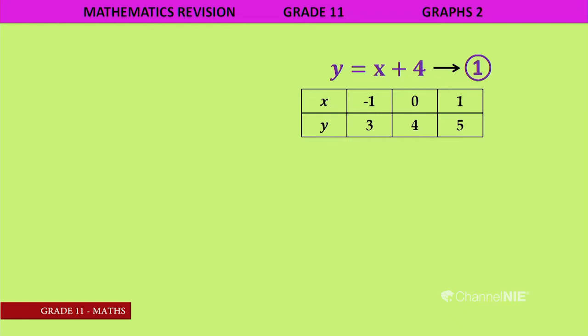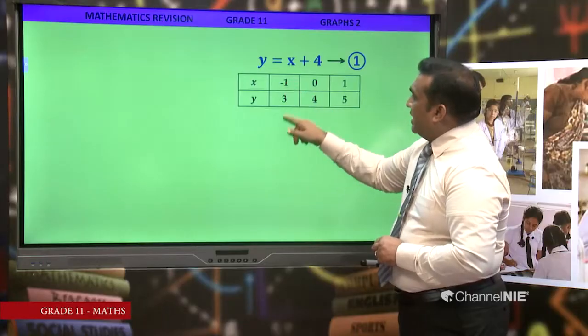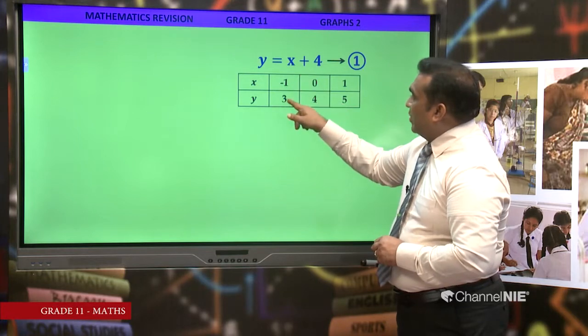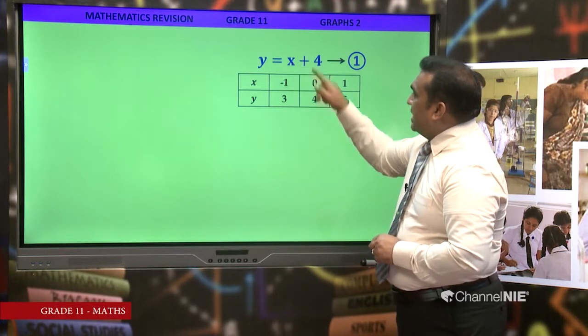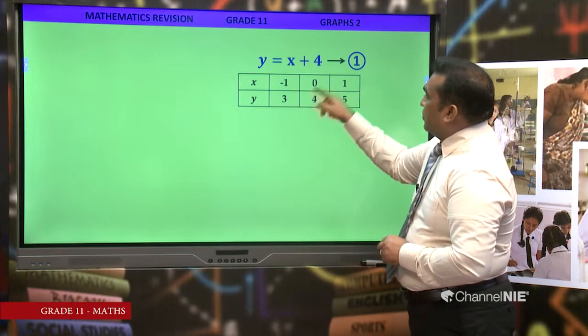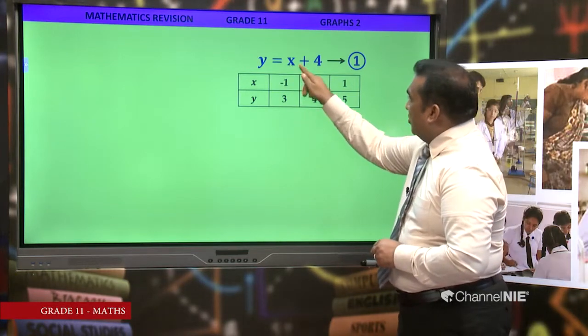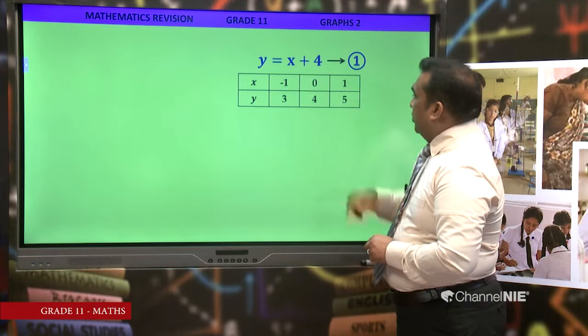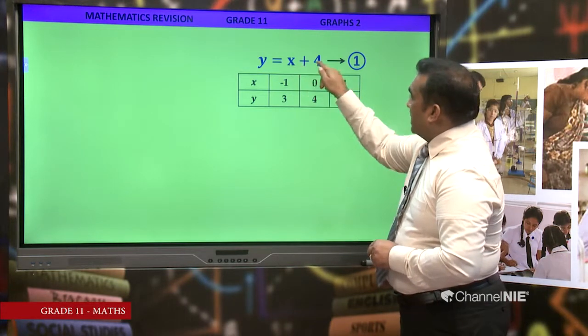For x plus 4, here x equals minus 1, x equals 0, x equals 1. If you want, you can change these values to minus 2, 0, plus 2. According to this minus 1, what is the y coordinate? Substitute here minus 1 plus 4, that is 3. Put 0 here, 0 plus 4, 4. Here 1, 1 plus 4, 5.